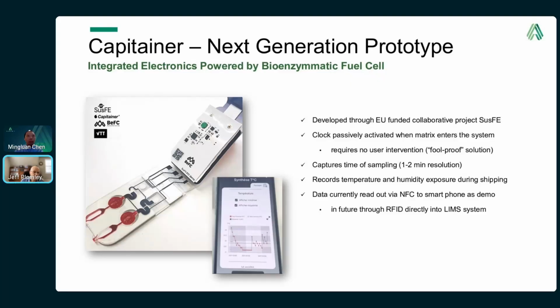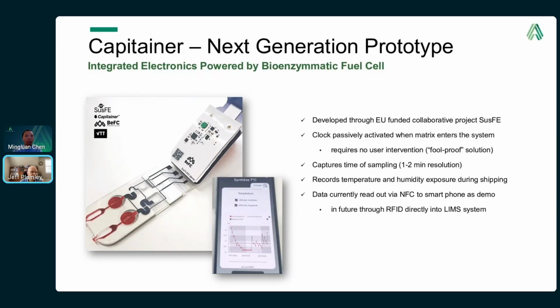In terms of how the device works, the clock passively activates when matrix enters the system, and this is for the SEP10 as exemplary, but the technology works on all of the card formats for the collection of all the matrices, except I believe for the urine card. So because it's passively activated, there's no user intervention.